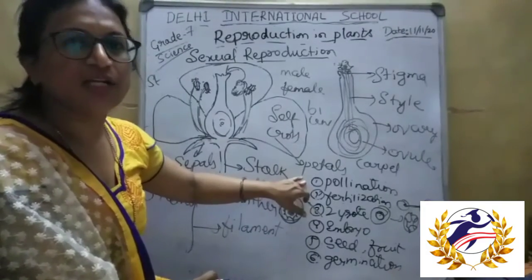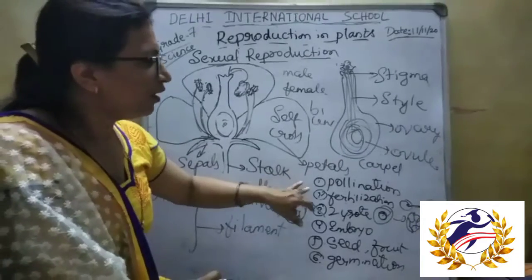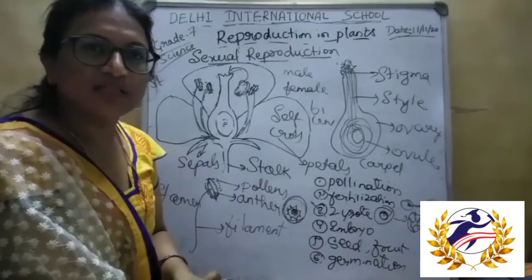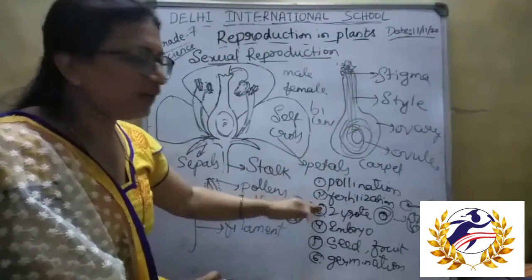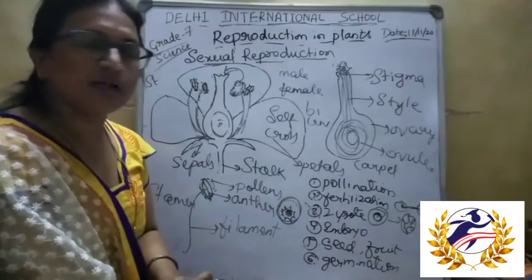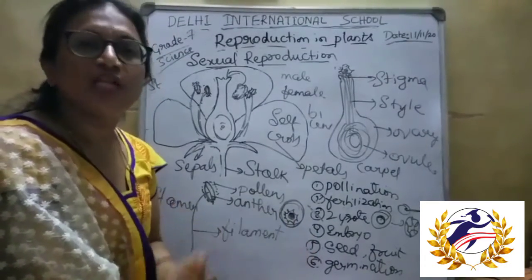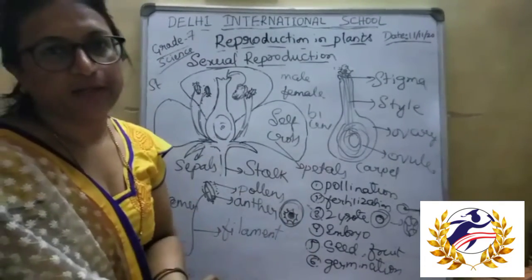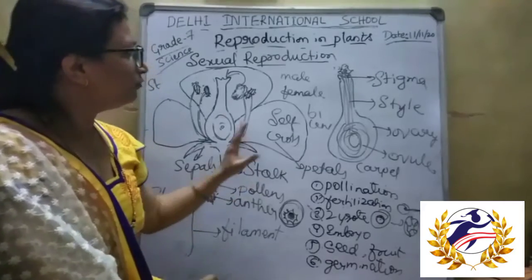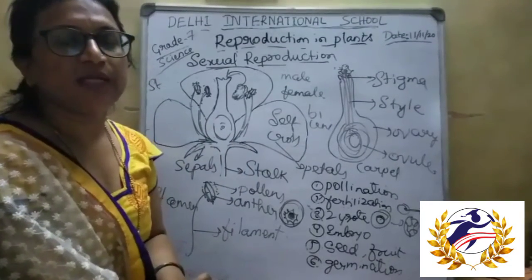In pollination, there is self-pollination and cross-pollination, and then fertilization takes place, that leads to the zygote, and then embryo formation takes place, and then seed and fruit are developed, and then that seed undergoes germination and develops into a new plant. So this is how sexual reproduction in plants takes place.